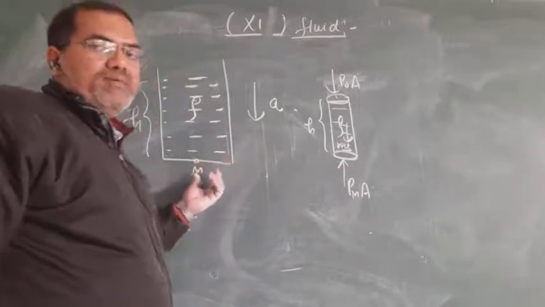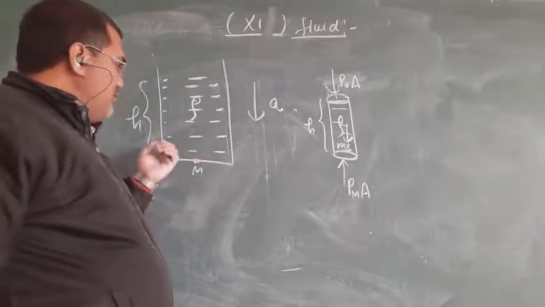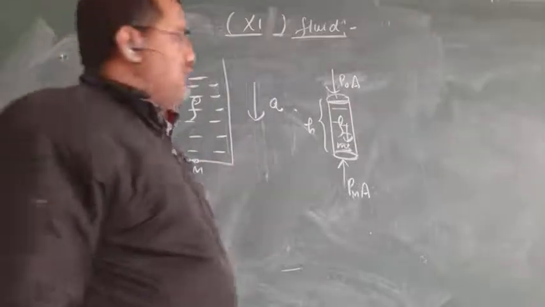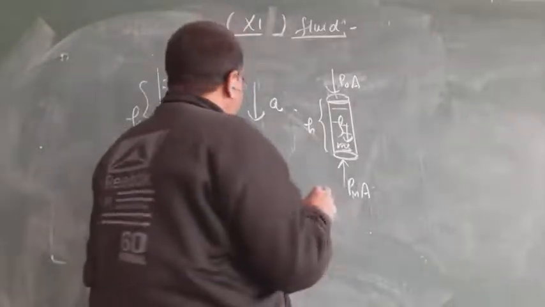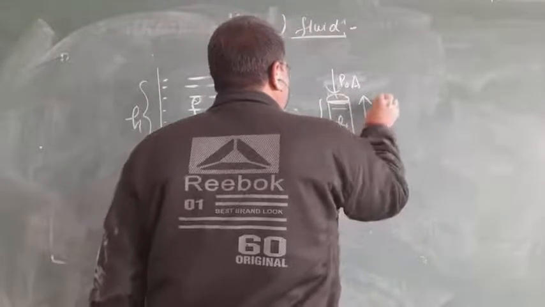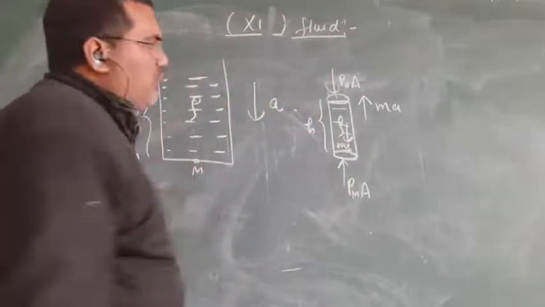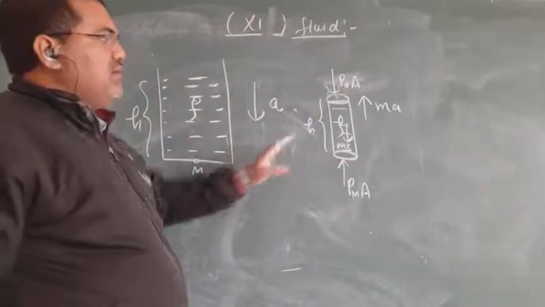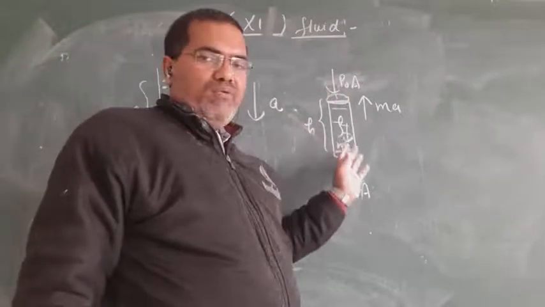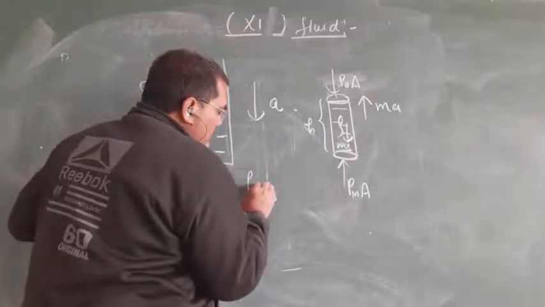If the observer is sitting in the container, then relative to the observer the fluid is at rest. The pseudo force acts in the opposite direction of the acceleration of the container, so ma is the pseudo force. For this observer, the net force on the fluid is zero, so the upward forces are balanced by the downward forces.